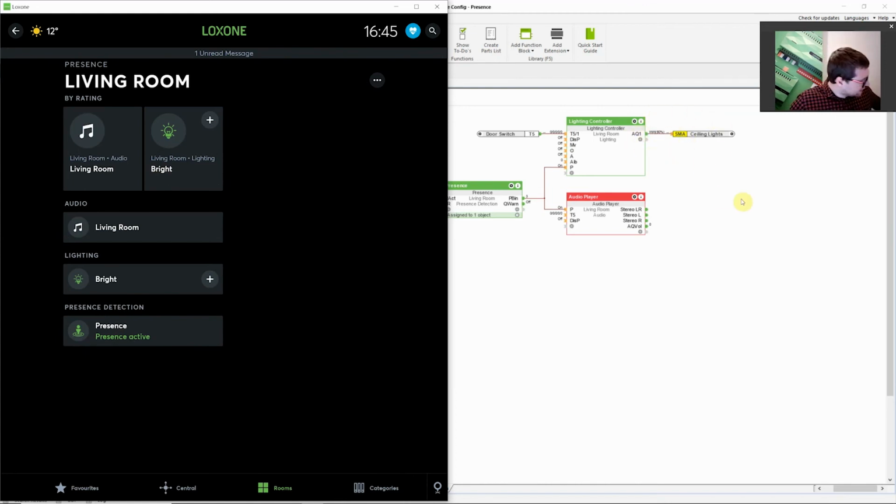If I now cover my sensor, but I continue talking, that will keep presence active because, again, my volume level is above the threshold that I set. If I'm now quiet for 10 seconds, oh, apparently I wasn't above the threshold that I had set. So I've lowered my speaking volume, which means that I'm now below my threshold.